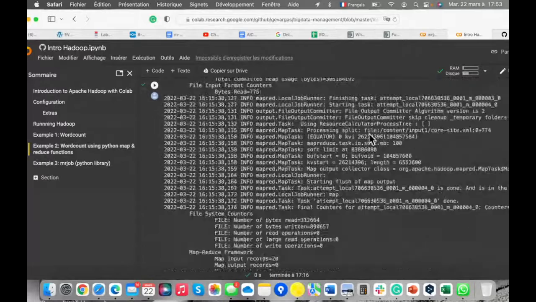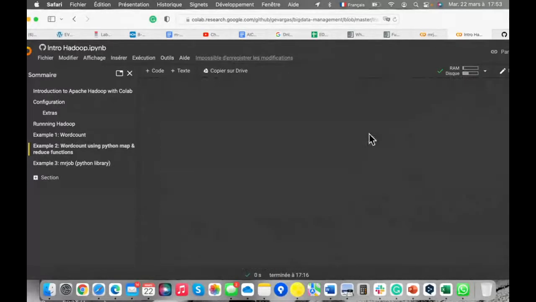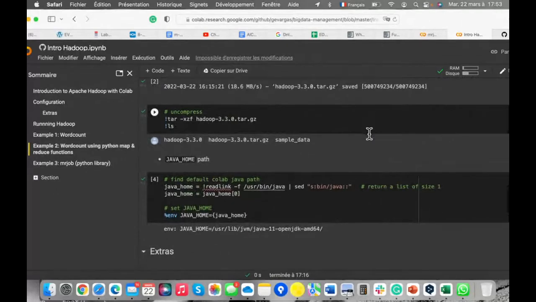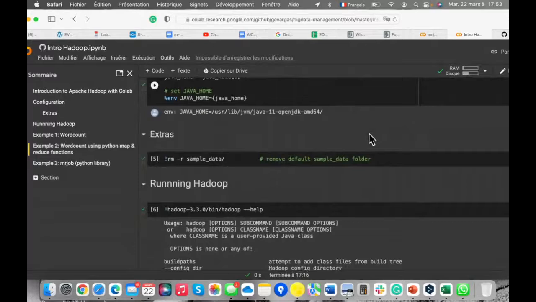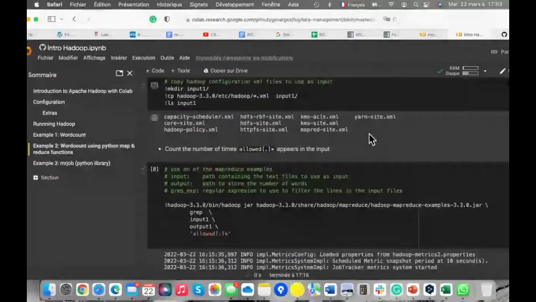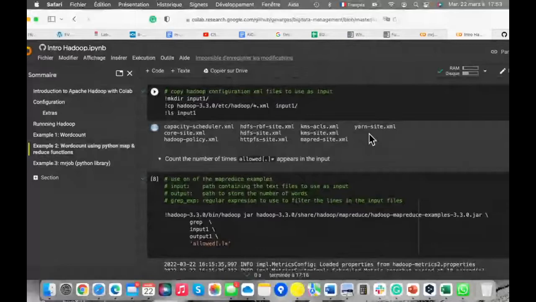We are supposed to do a grep. So this is why I didn't do that. But I'm trying to see whether in the log we have something like that.